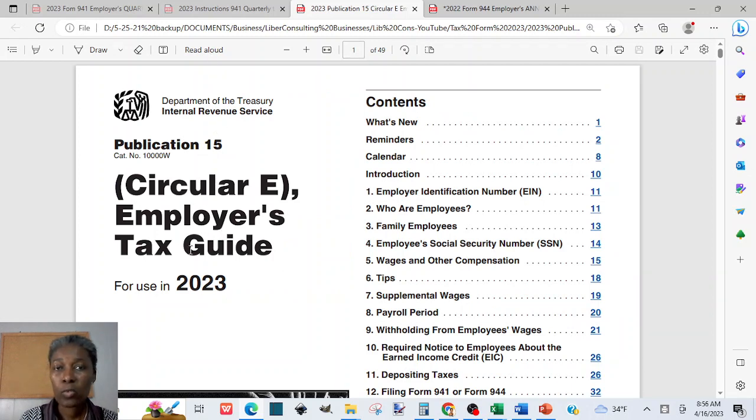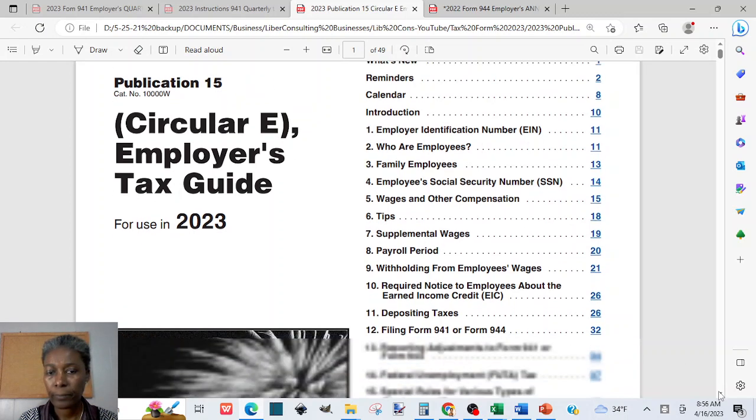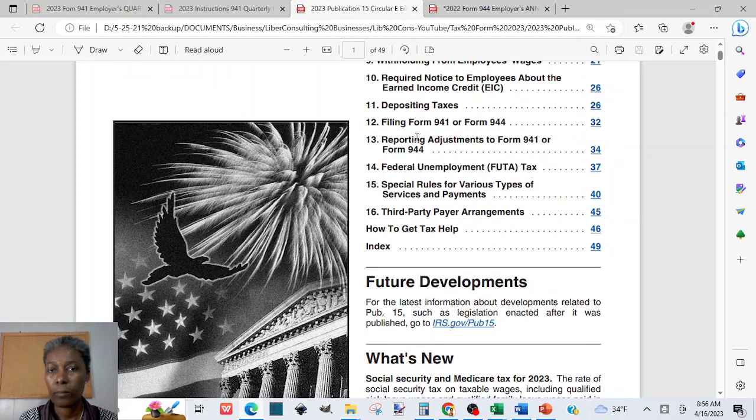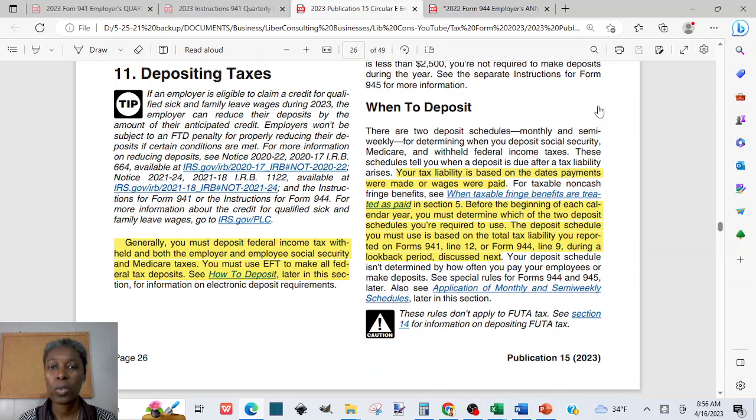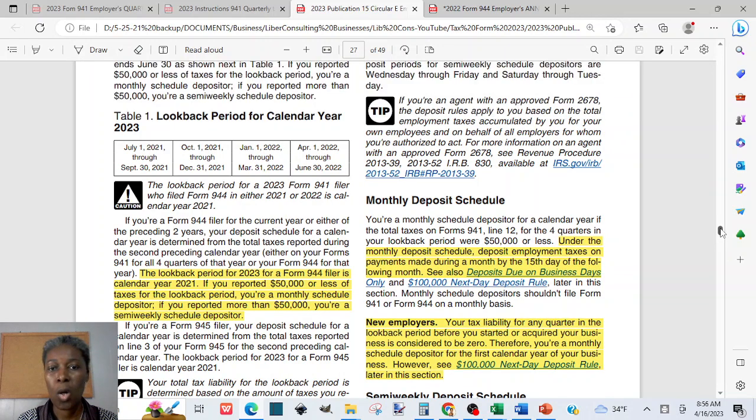You just search for the latest version of Publication 15 on the IRS website, download it, save it, and read through it. Section 11, Depositing Taxes, will take you to the deposit schedule for you to read more about it.